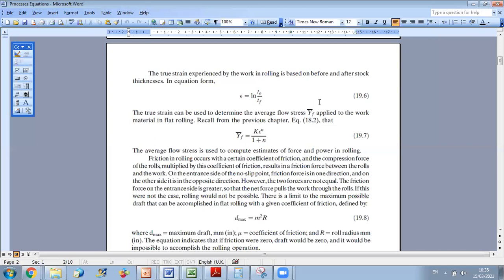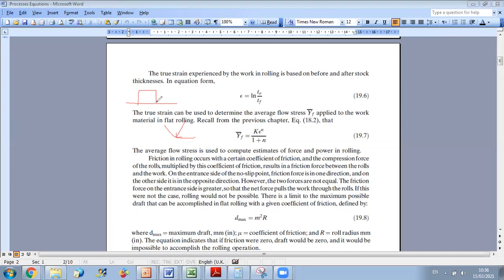Whenever I have this force, as we said, this force is normal to the contact area. So you have the contact area, and the resultant force is normal to it. If you have any contact between a surface and an object, whenever you have a relative motion between them, you can have what is called friction force between the surfaces.